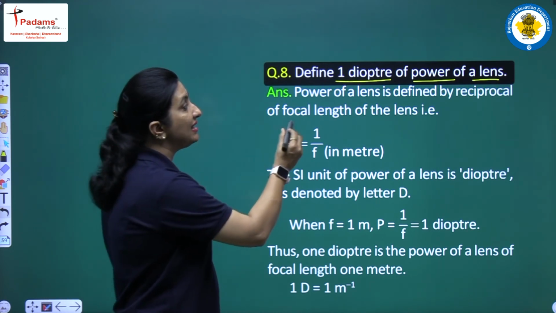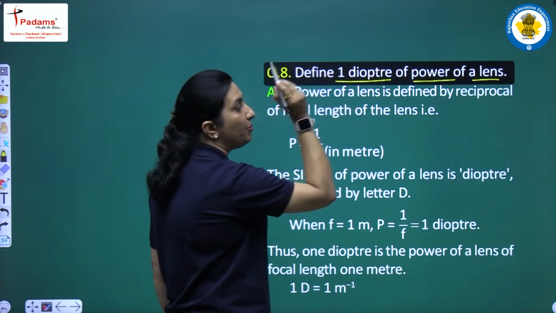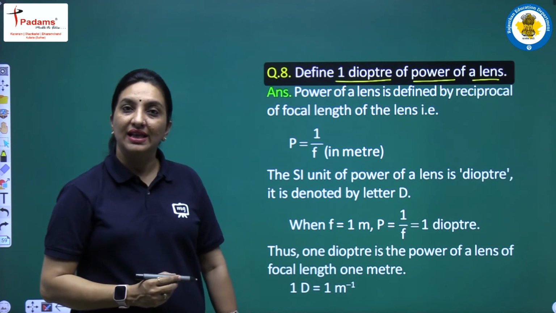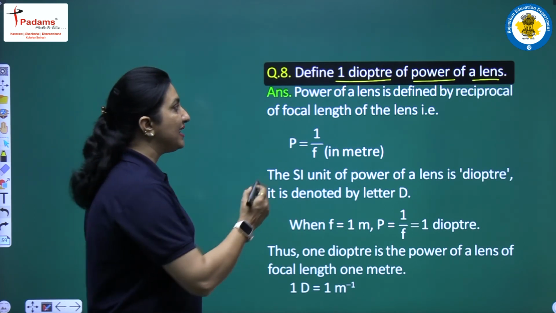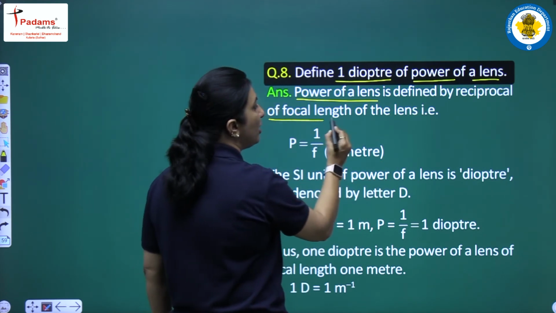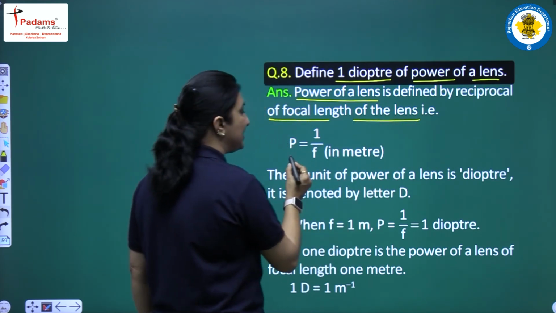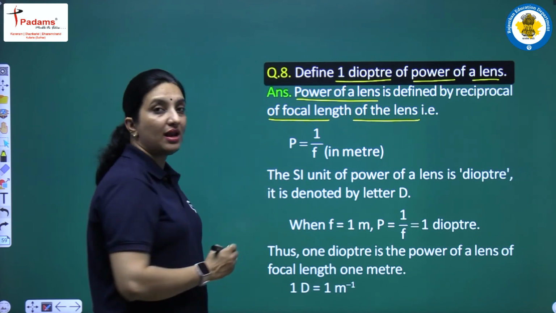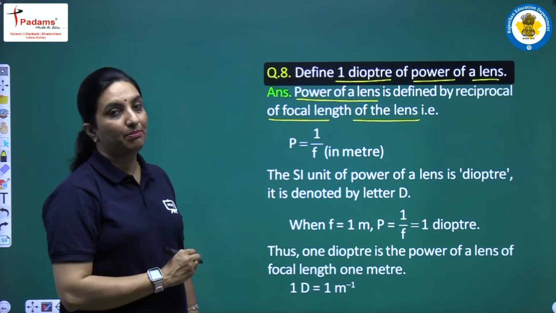Now, what is asked here is that define one diopter of power of a lens. So, we will write it like this, that power of a lens is defined by reciprocal of focal length of the lens, that is P is equal to 1 upon f, where f is in meters.